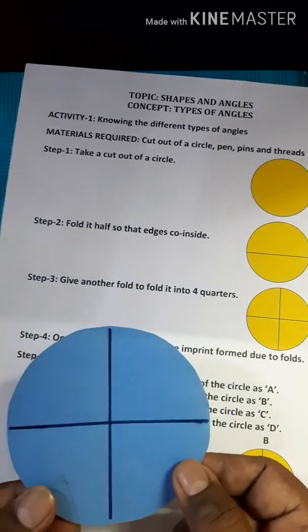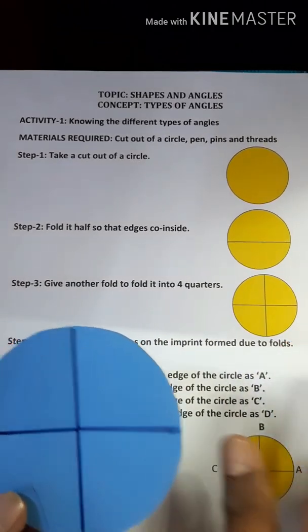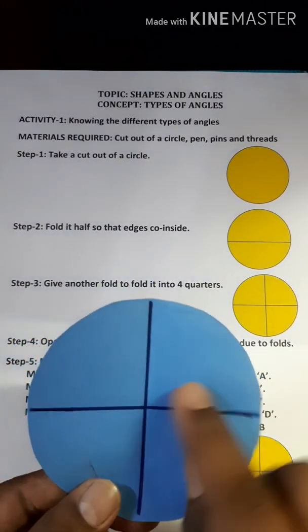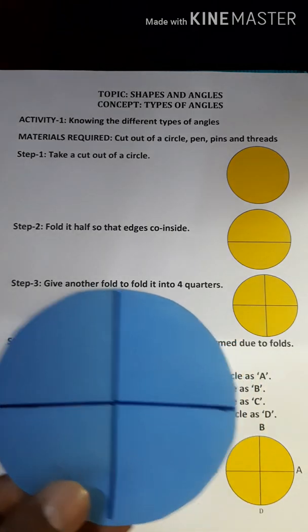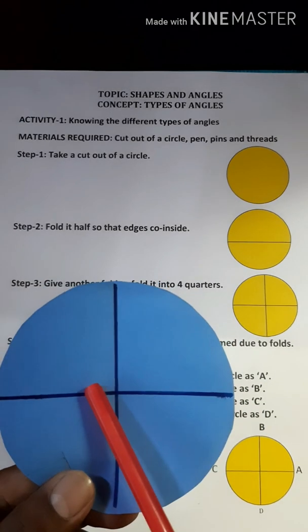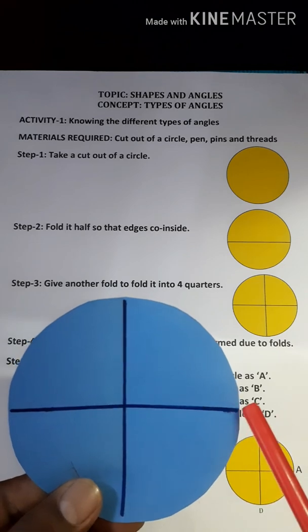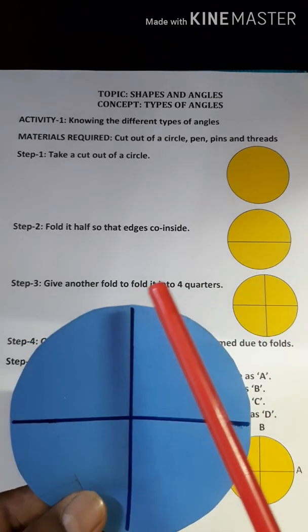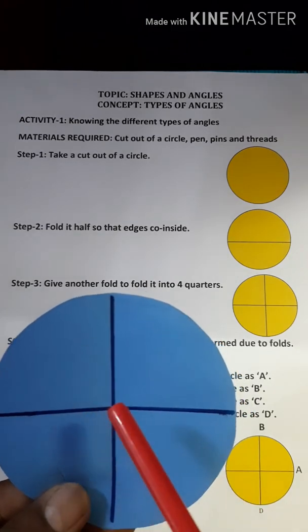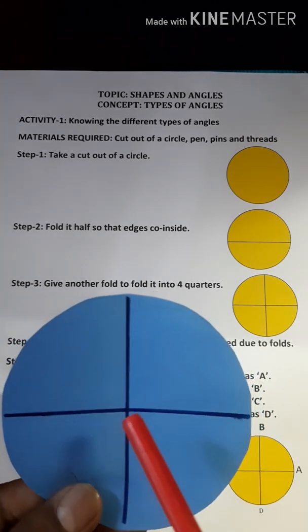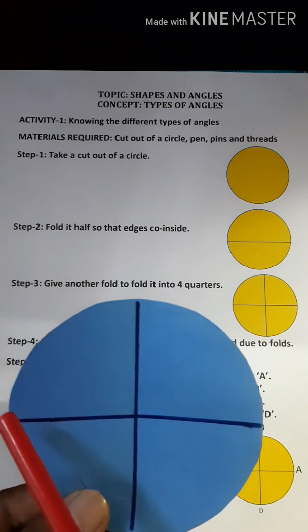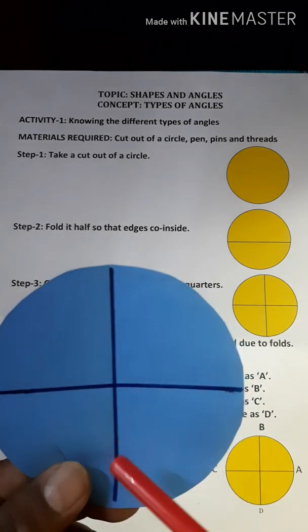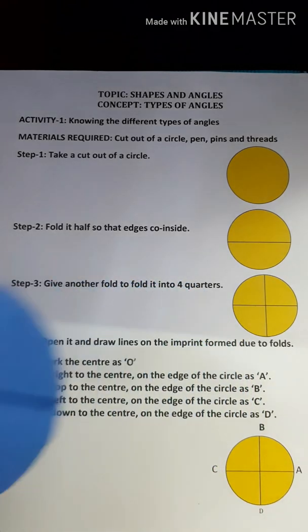When the lines are drawn, you can see there is a center point here, a point right to the center point, a point on the circle which is on top of the center point, a point on left to the center point and a point at the bottom of the center point.